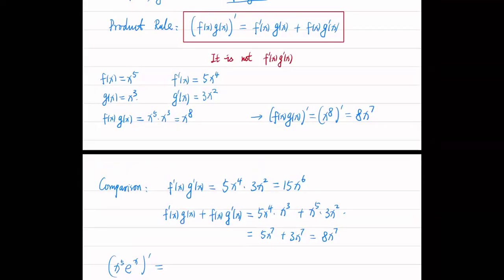For those on Zoom, you can write your answer in the chat. I'm going to check. Apply the product rule, not the product of derivatives.